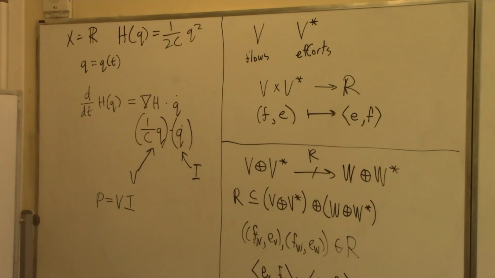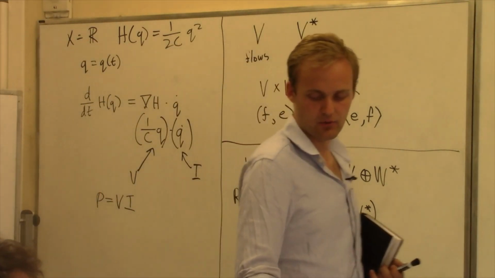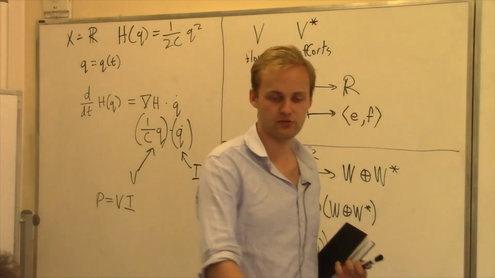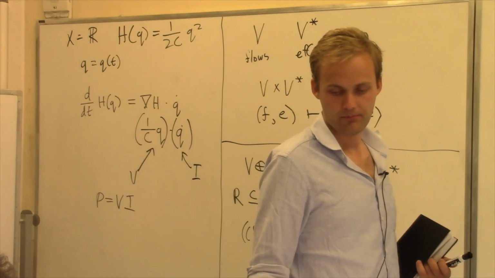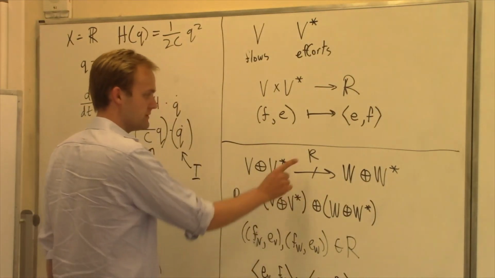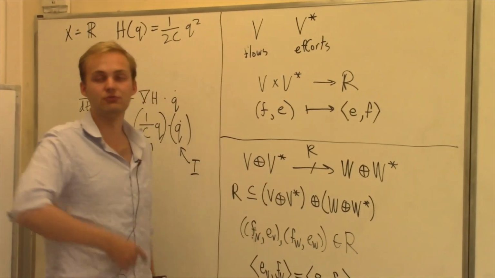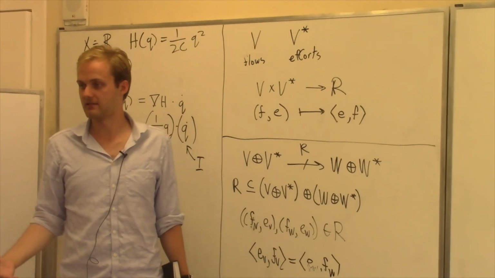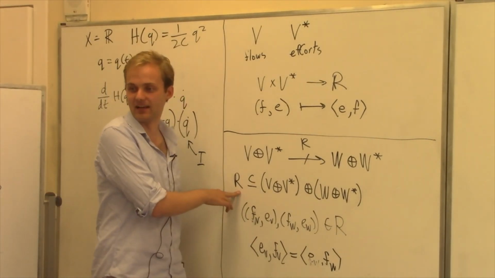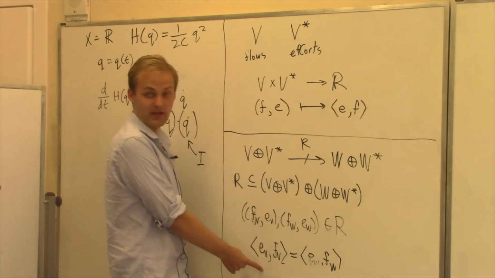And it turns out that in almost every practical situation, I don't have a great explanation for why this is true, not only does the relation R satisfy this constraint, it is also maximal with respect to this constraint. So you can't add anything else to R without breaking this constraint.